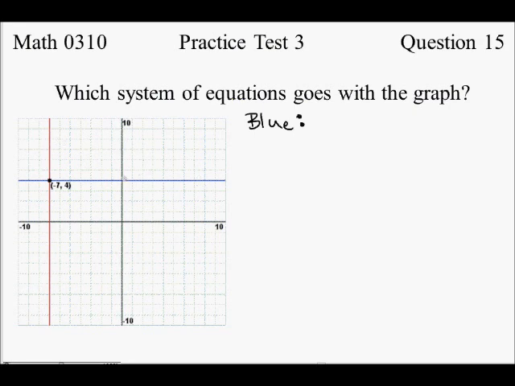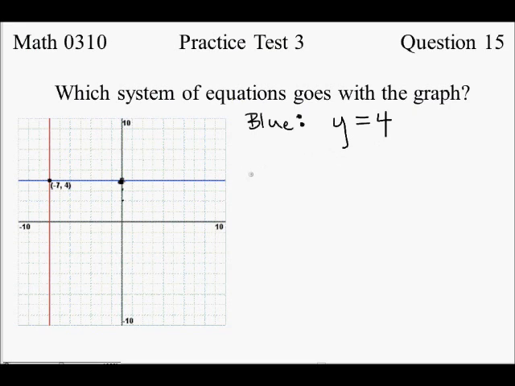And we see that it crosses the y-axis. So that means that equation is going to have y only in its equation. And now we just see where it crosses y. As we count up from the origin, 1, 2, 3, 4, we can see that it crosses the y-axis at 4. So the equation for the blue line is just going to be y equals 4.